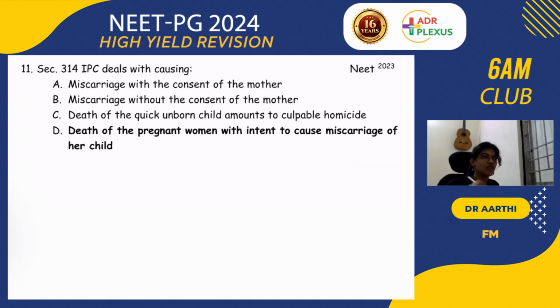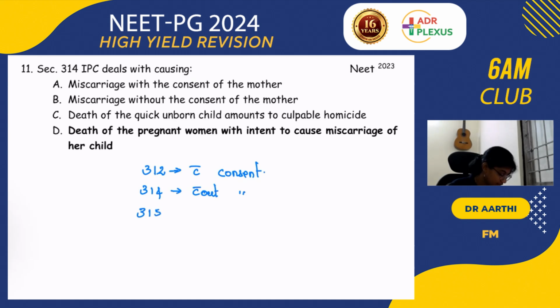Since you are writing it in the month of June and we still have not got BNS, let's look into it. 312 is for causing miscarriage with consent. 313 is without consent of the mother. 314 is where death of the mother happens.